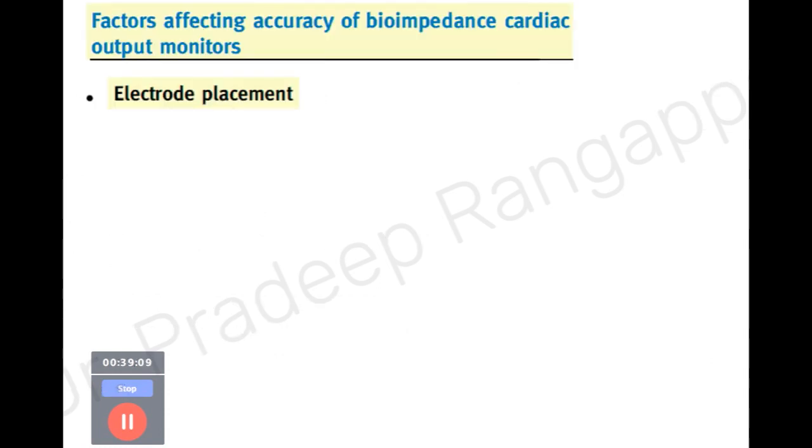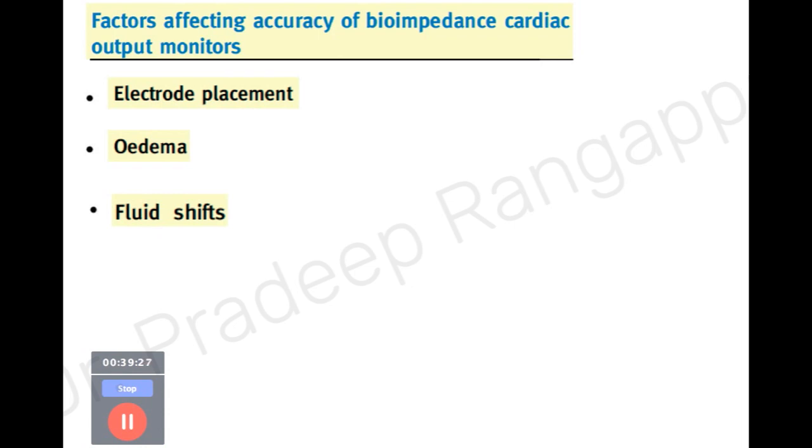Okay, so what are the factors that affect the accuracy of bioimpedance? Electrode placement, because if you have placed electrodes erroneously, it may misinterpret the cardiac output. If you have a lot of tissue edema, then your conduction of the current can be affected.